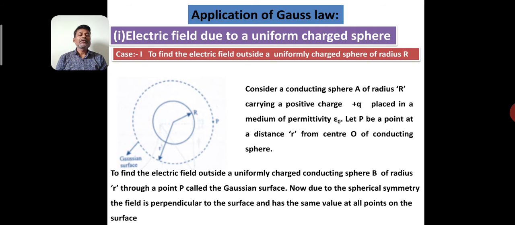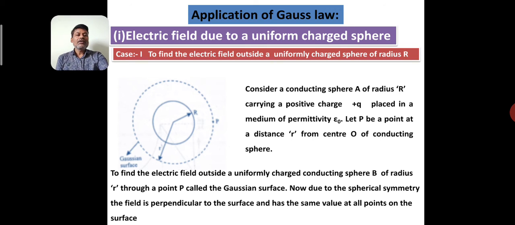For that we consider a conducting sphere, that is a uniform sphere. On that uniform sphere, a number of positive charges are situated. This is a symmetrical sphere, so all the charges are symmetrically situated on that spherical conductor.